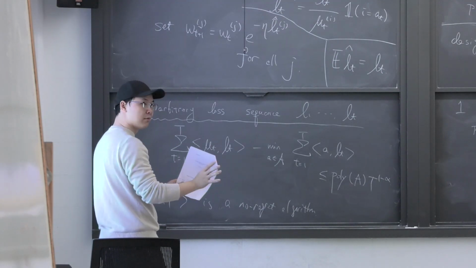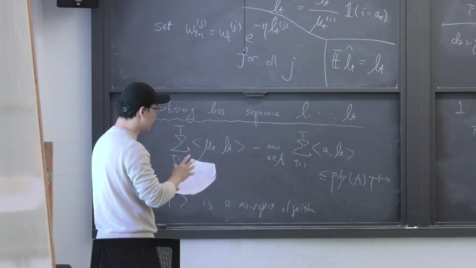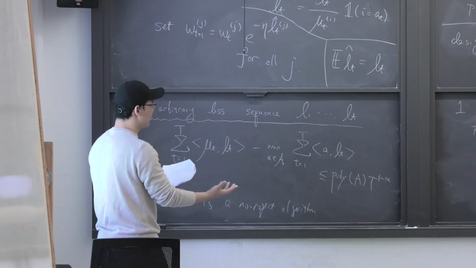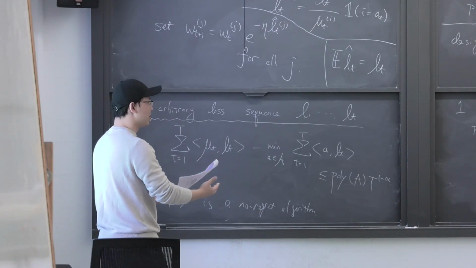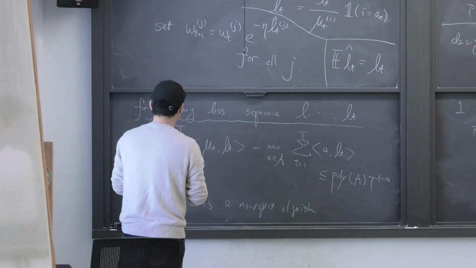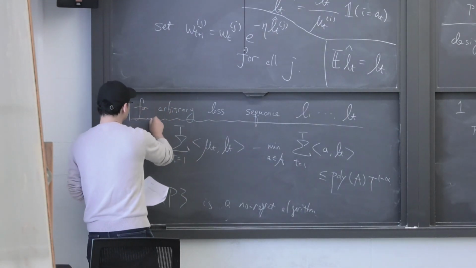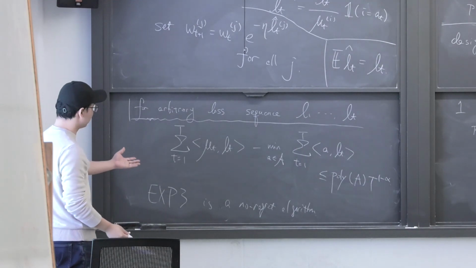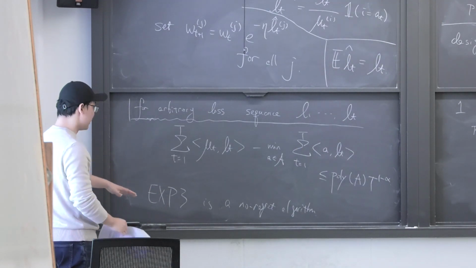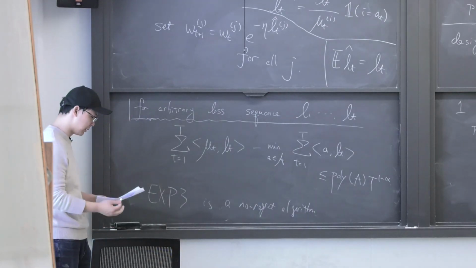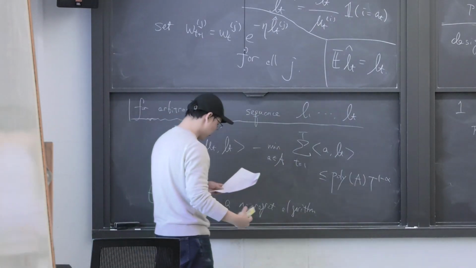But the only thing is this reward is not generated from some stochastic distribution. It's possibly adversarial, because you don't know what the other players are playing. So this guarantee is very important. The loss can be affected by other players, but this guarantee says whatever other players are doing, I don't care. I can always achieve this sublinear regret guarantee. So this is why it is so important.